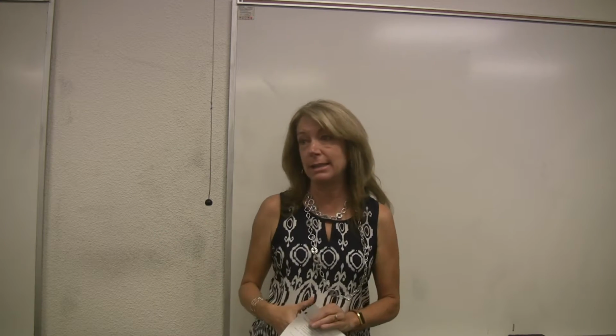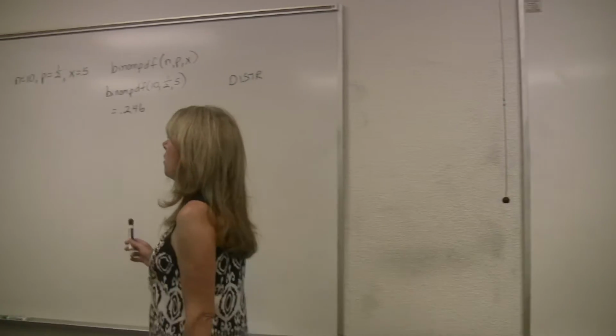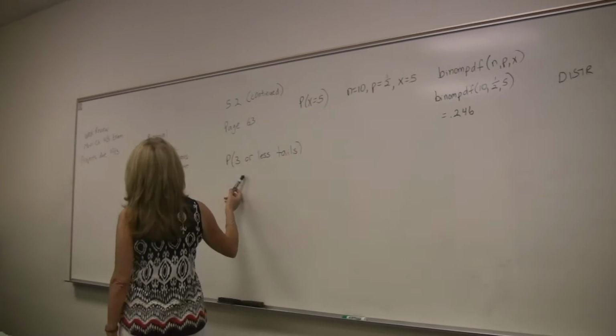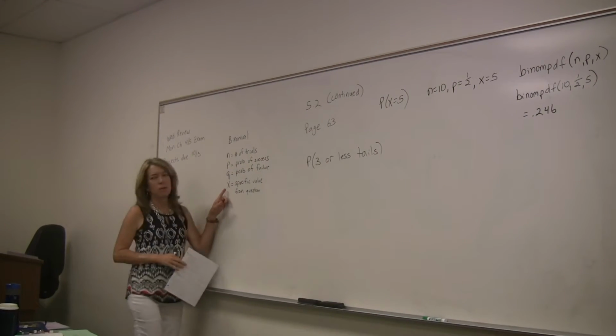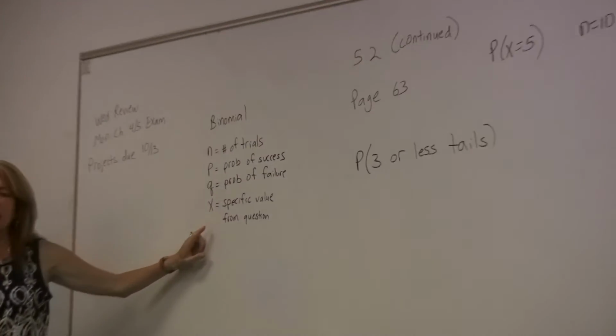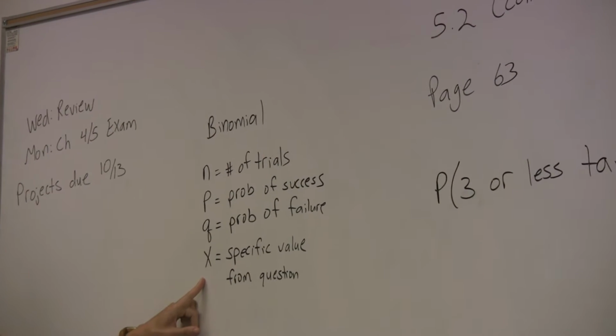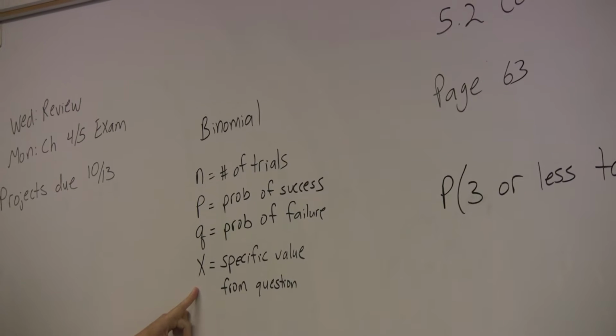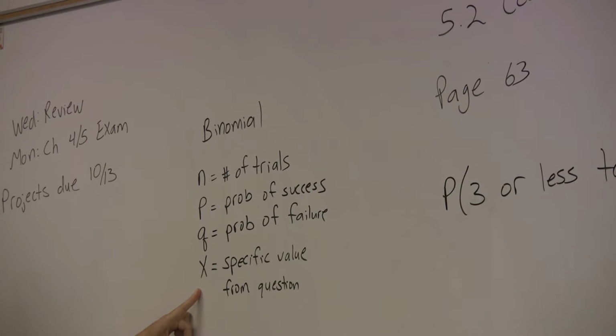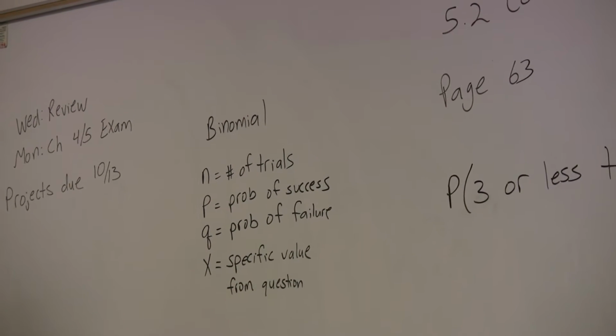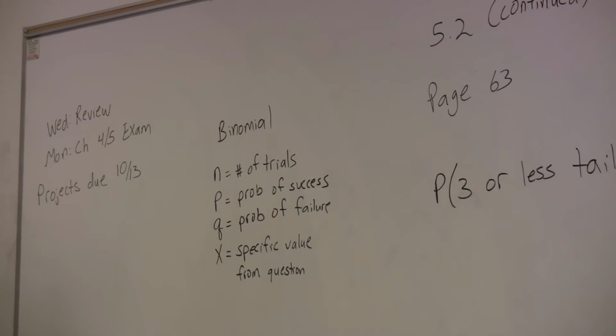So we want to find out how likely it is to get 3 or less. The 3 or less is tricky because what is the specific x value I'm asking about in this problem? 3 or 2 or 1 or 0. Maybe you get 3 tails, maybe you get 2 tails, maybe you get 1, or maybe you get 0.